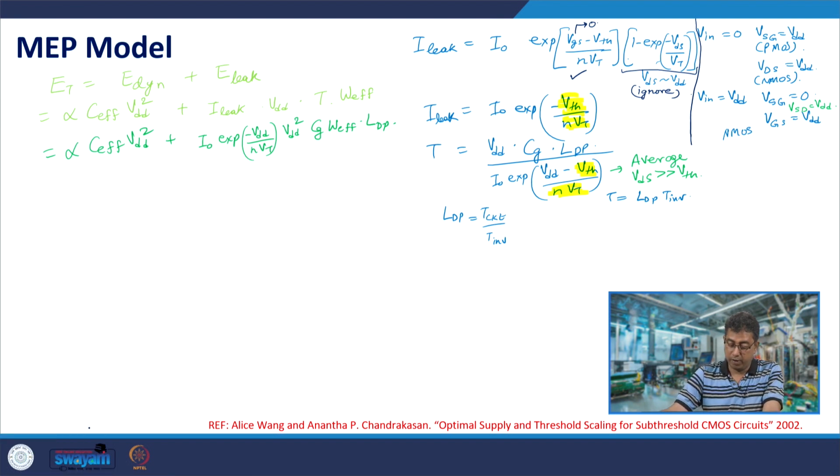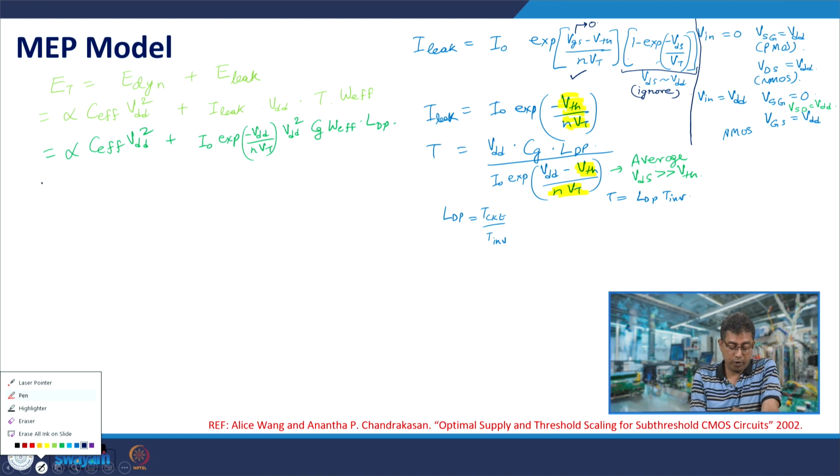Why? Because as you reduce the threshold voltage, the delays and time period would reduce exponentially, whereas the leakage current would increase exponentially. So, you would find that with reducing threshold voltage, the leakage energy does not change significantly.